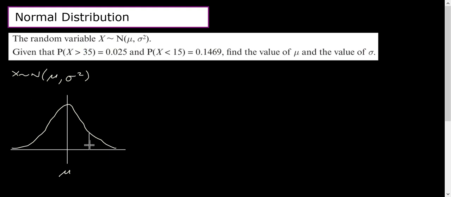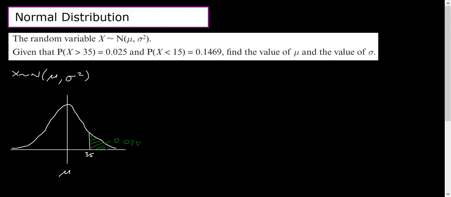So the 35 is going to go over there. So there's my 35. My area to the right of that is this 0.025. Okay, so that's marked in. I'm also told that less than 15 is 0.1469.